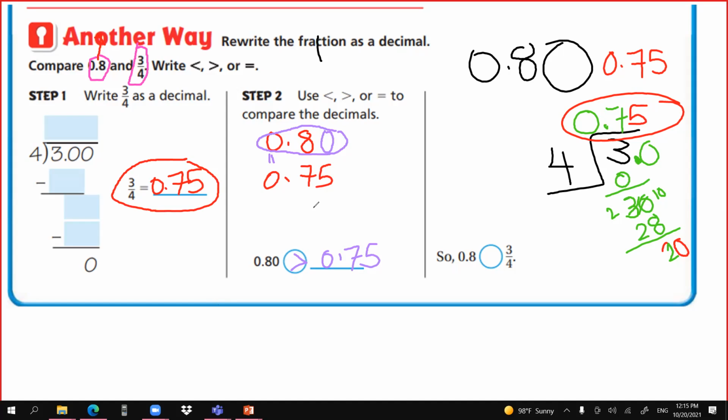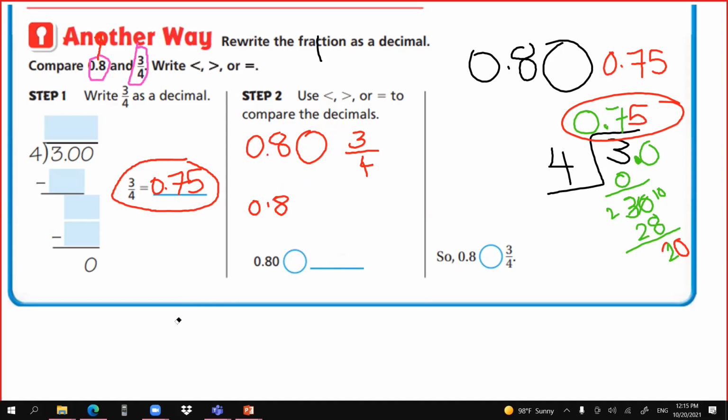So now I have 0.8 comparing with 3/4. I will keep 0.8 as it is, but 3/4 I already found as 0.75.